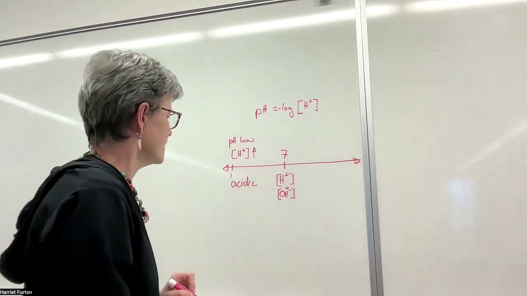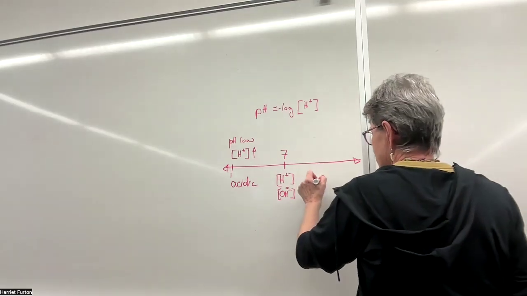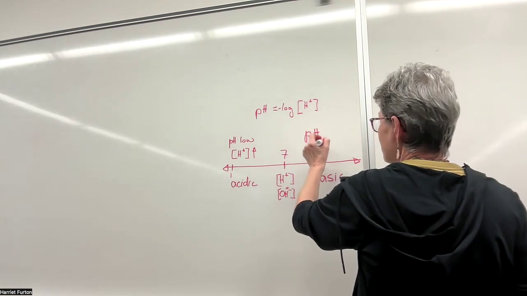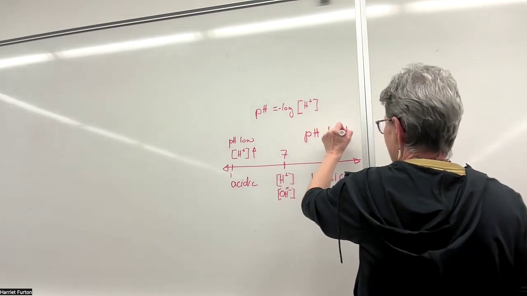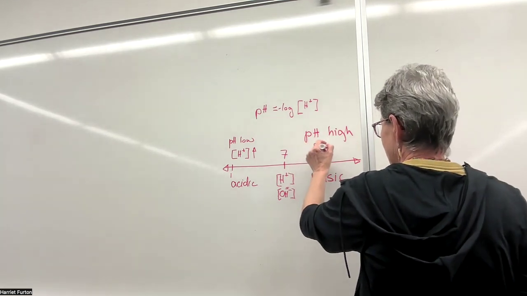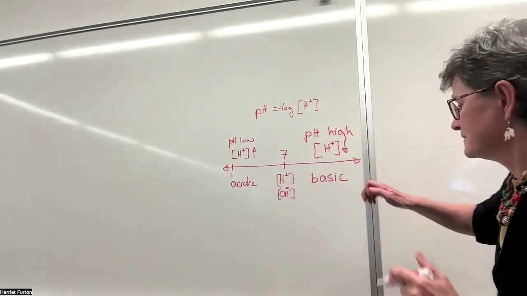On the other hand, we have the basic solution. When the pH number is high, higher than 7, the neutral, the hydrogen ion concentration is low.